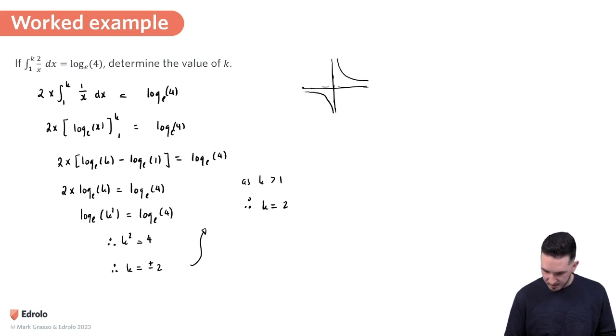If you've got x equals 1 at this point, and then you've got k at this point, that's the area you want to find. You can't find the area over an asymptote. So therefore, you had to recognize that k has to be greater than 1 because it's 1 to k, and then recognize to choose k is equal to positive 2 rather than negative 2. You can't go backwards over an asymptote.